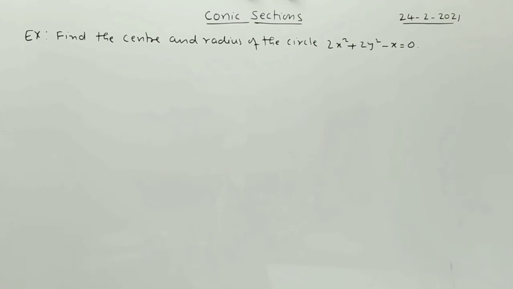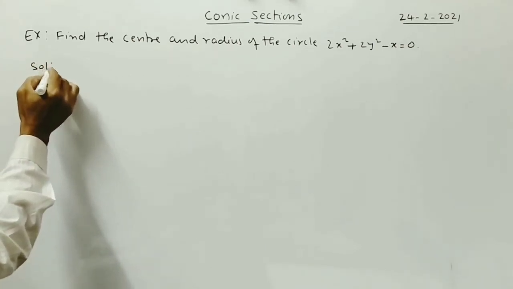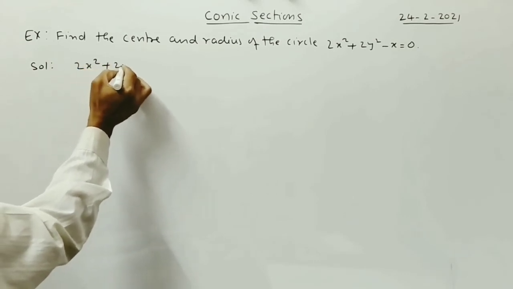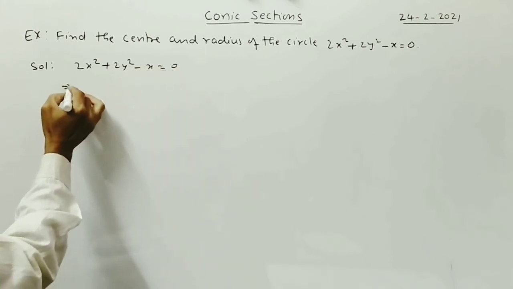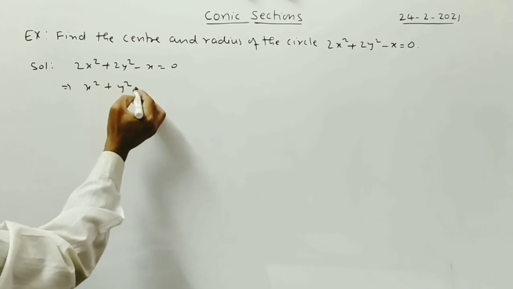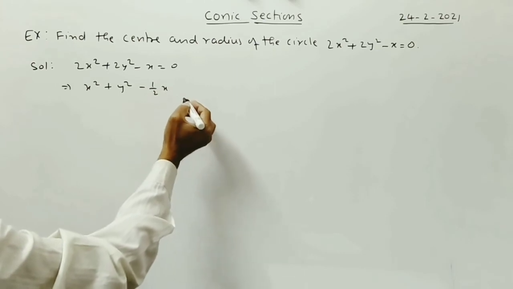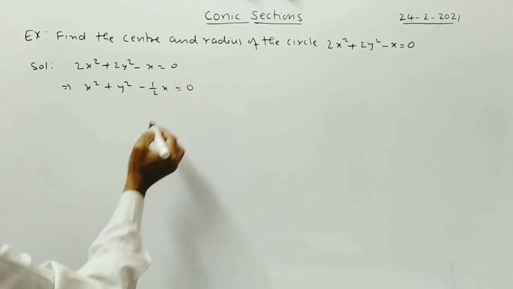Find the center and radius of the circle 2x square plus 2y square minus x is equal to 0. Solution: 2x square plus 2y square minus x is equal to 0. This implies x square plus y square minus 1 by 2 x is equal to 0.